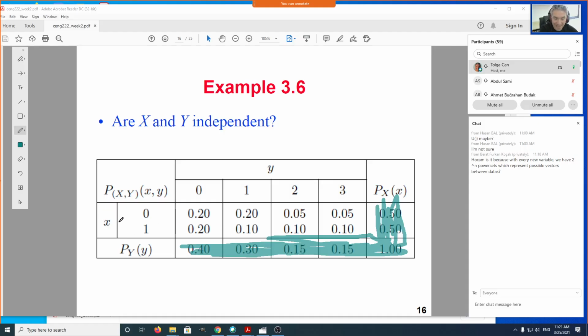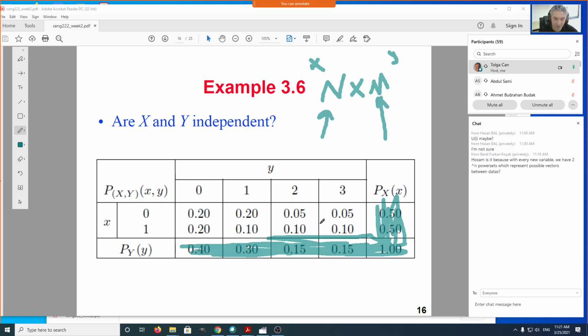This is the variable x, which gets one of the 2 values 0 and 1. This is the random variable y, which gets one of the 4 values 0, 1, 2, 3. So the joint probability distribution is a table of n by m, where n is the number of values x can take, and m is the number of values y can take.